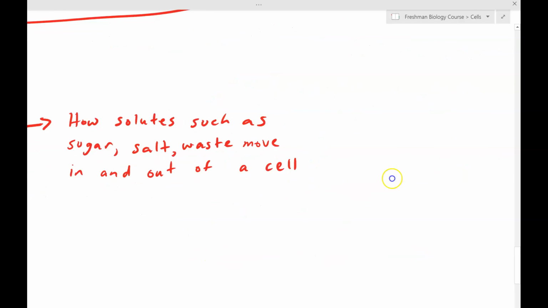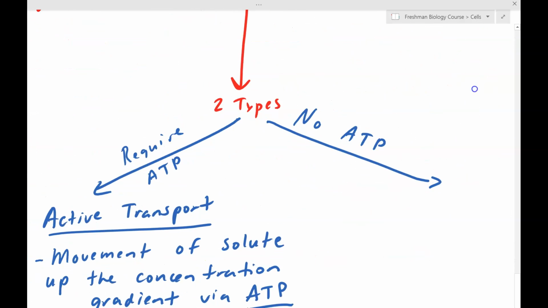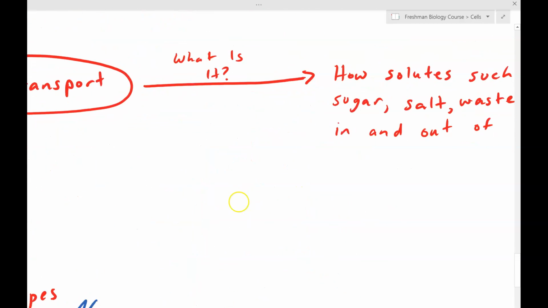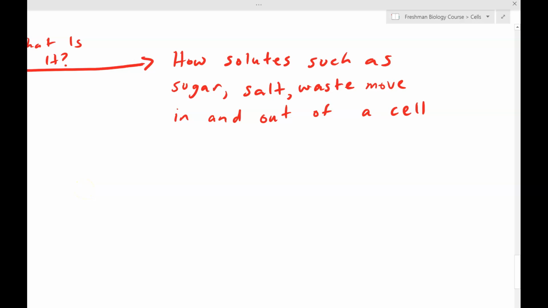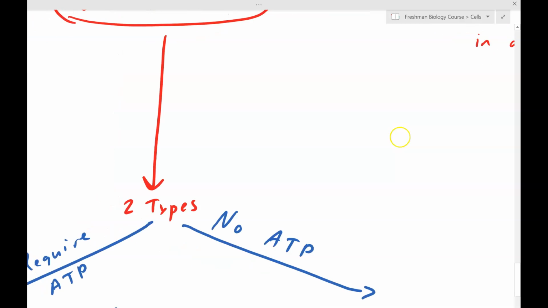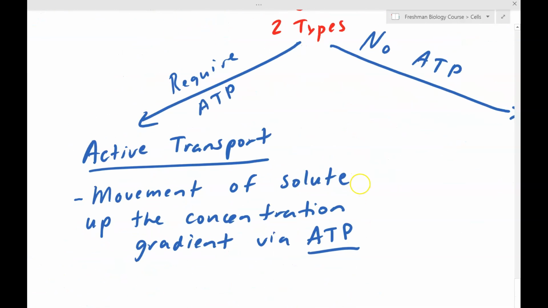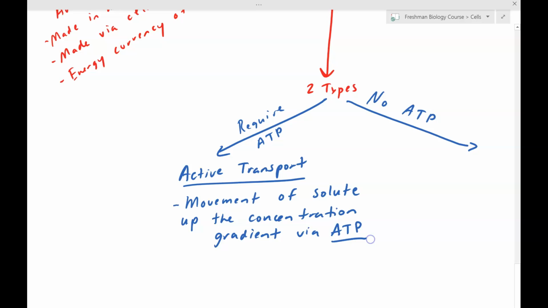Okay, and let's go back now to our different groupings here. So far we've got that cell transport. What is it? It's how solutes such as sugar, salt, waste are going to move in and out of a cell. And from our video, we started to look at what the word diffusion means. And we are on active transport, which is the movement of a solute up the concentration gradient via adenosine triphosphate, or this ATP.